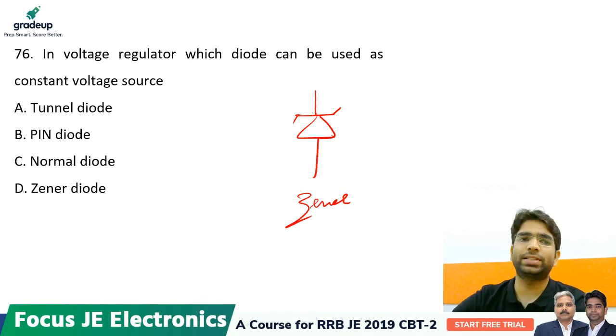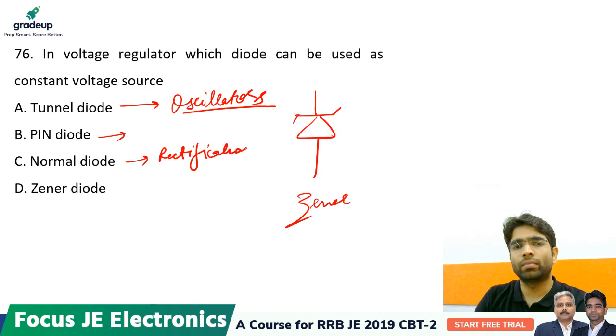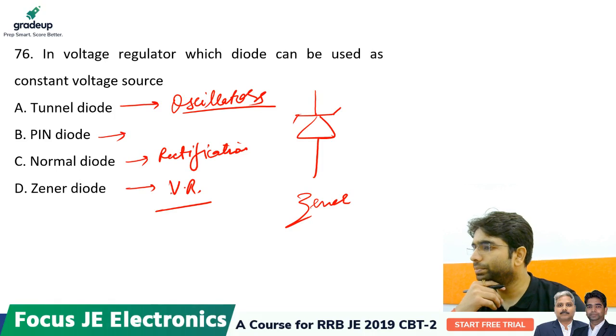Tunnel diode is used for oscillations, designing of oscillators. PIN diode is also used for oscillators. Normal diode is used for rectification. Zener diode is used for voltage regulation.